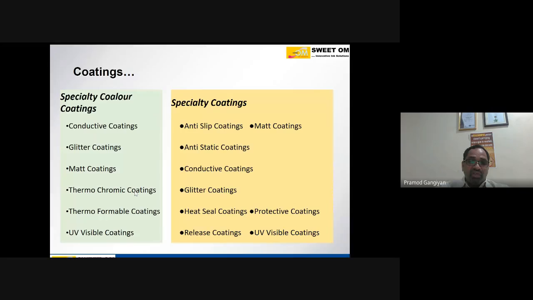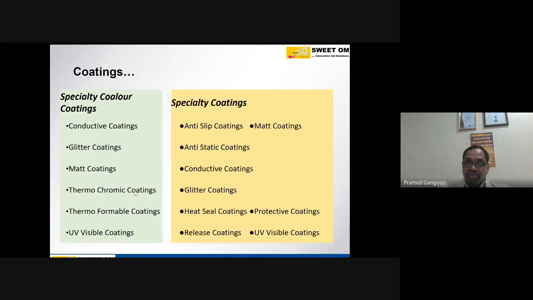That we make this coating. This thermochromic ink was available as one-time convertible, like you are saying. Suppose it was from blue to black. The moment it becomes black, it means it is expired. But we make coatings which change color 7 times, not just one time, because there are vaccines which can be withdrawn from the freezer to the ambient temperature, then put back in the freezer, and again taken back to the ambient temperature.